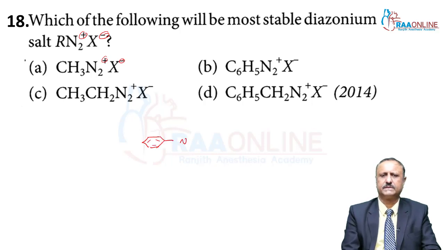The concept is that when the diazonium group is directly attached to the benzene ring, here you can see double bond, single bond, double bond is present, which means resonance occurs. Due to this resonance, this benzene diazonium salt is more stable.